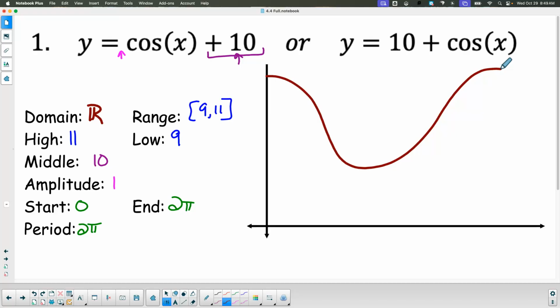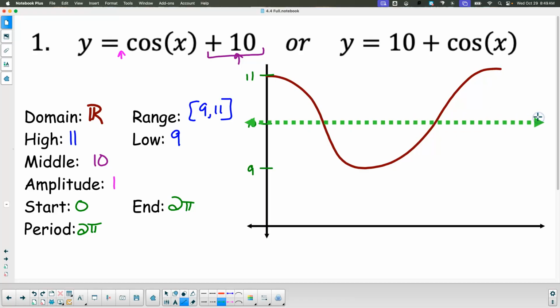So my horizontal axis shouldn't be in the middle now. Because now we went from 9, 10, and 11. If you want to draw in a dashed line for your middle, that's fine.